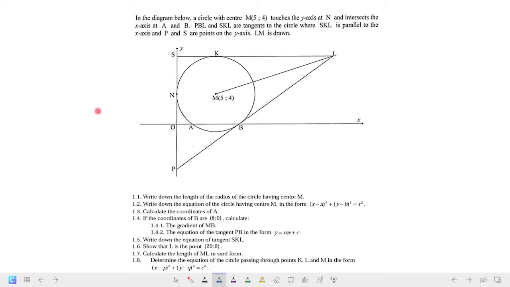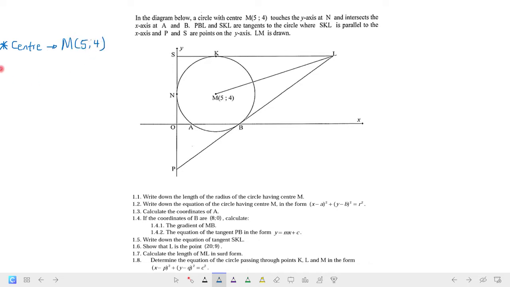Alright, first thing first, this thing you need to do on all questions that you'll be encountering, which is you need to write down the information that you're given. So here, what is it that we're given? We're told that we have a center of a circle, and the coordinates of this center, M, are given as (5; 4).